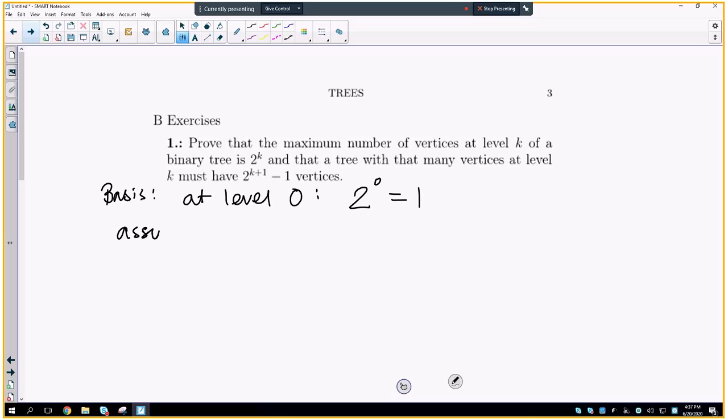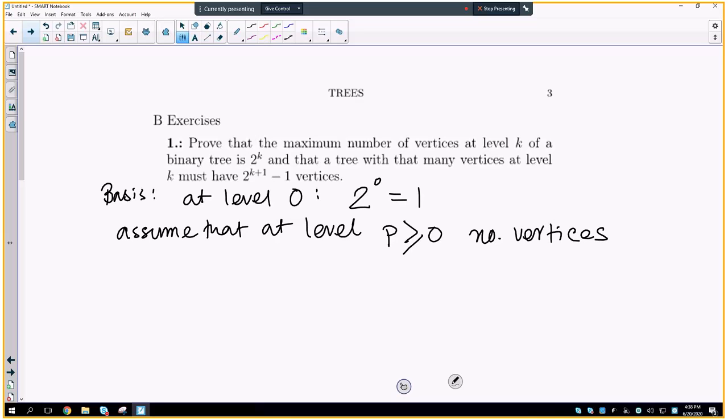Assume that at level p, p greater or equal to 0, the number of vertices is 2 to the power p. This is called the induction hypothesis. And I'm going to prove it for 2 to the power p plus 1.